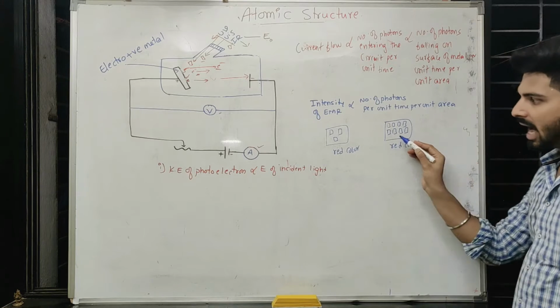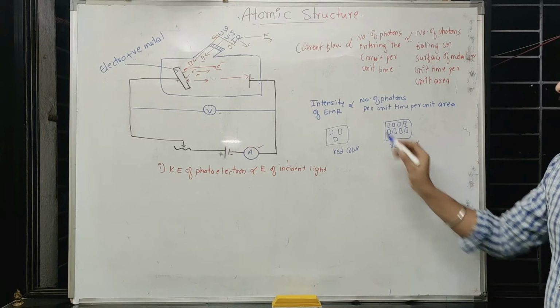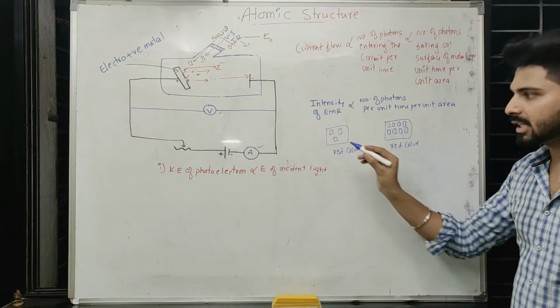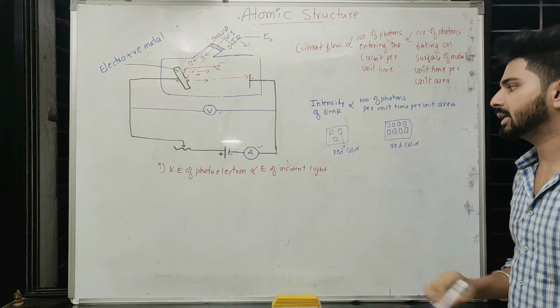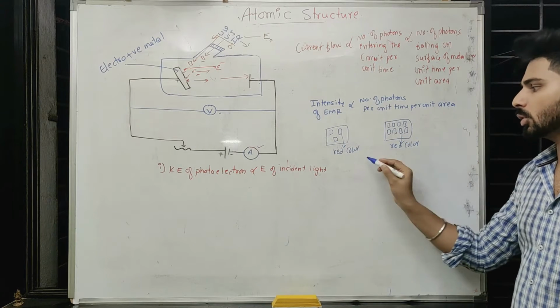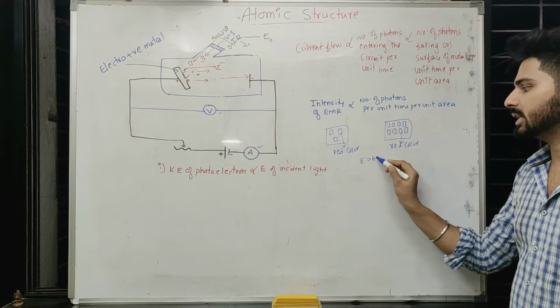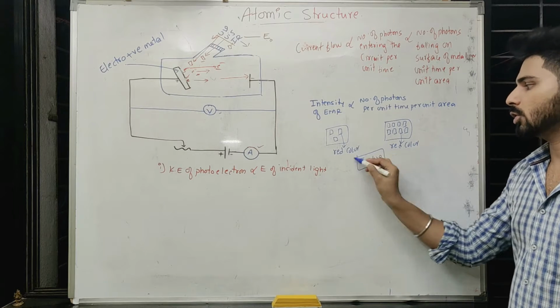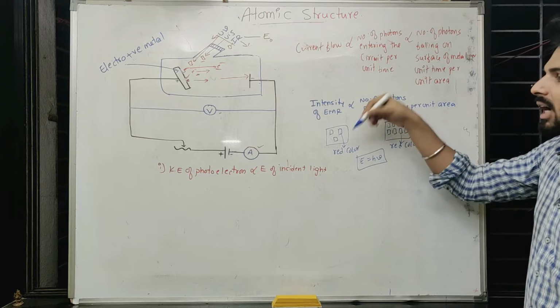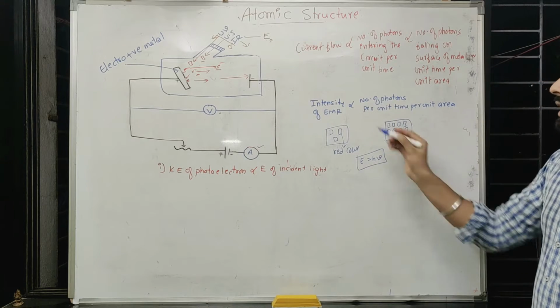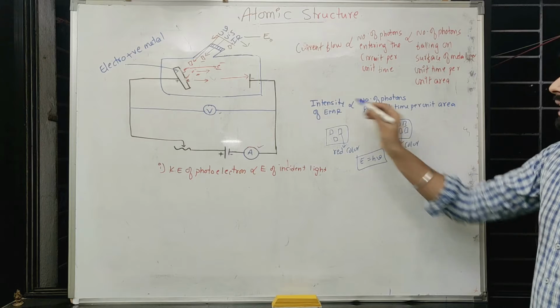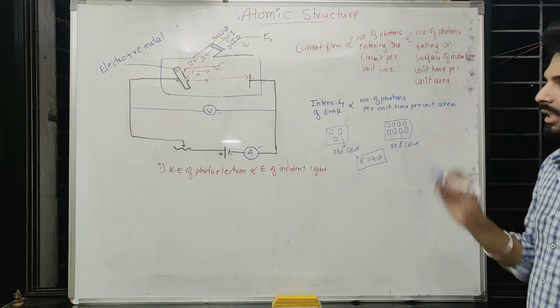So this will appear dark and this will appear light. So intensity is changing, not the energy, because this is also a red photon and this is also a red photon. A photon's energy is equal to h nu, so the photon's energy is not getting changed here, only the count of photons is changing. When the number of photons changes, the intensity of that particular color changes.